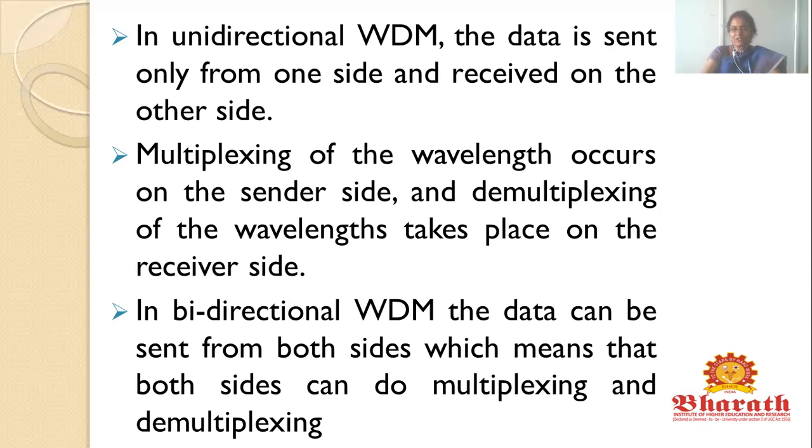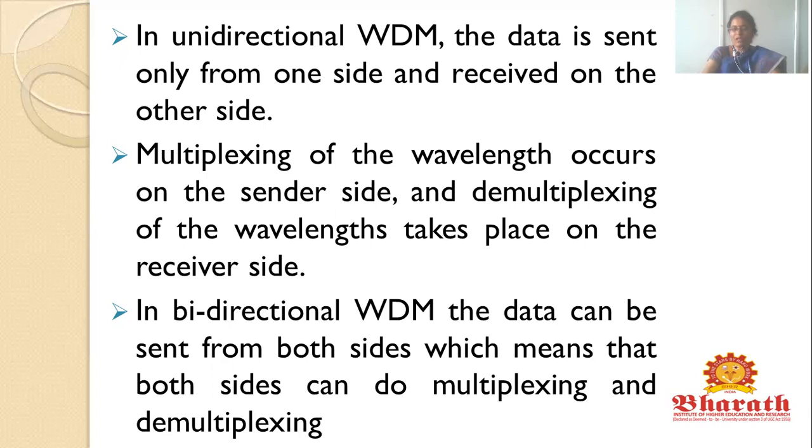In the bidirectional type, the data can be sent from both sides, which means that both sides can do multiplexing and demultiplexing. But in unidirectional, the data is sent from only one side and received on the other side. So each side can do only one function, but in bidirectional, multiplexing and demultiplexing take place on both sides.